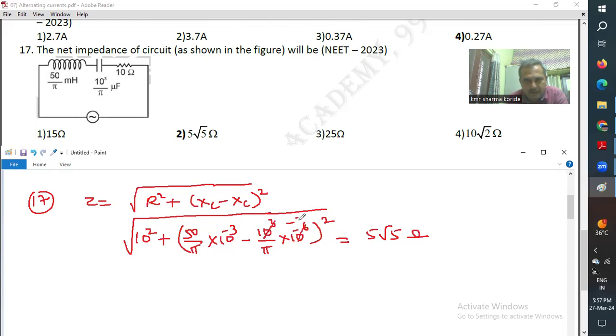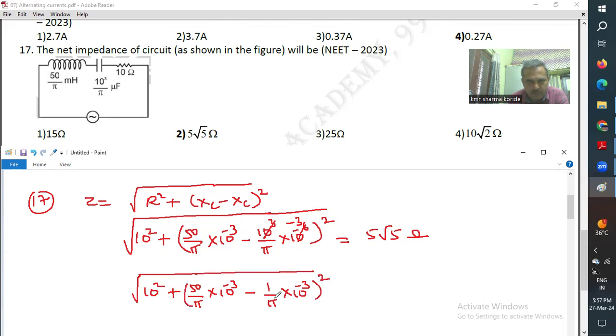So this will be minus 3. Then look at this. So it is going to be 10 square plus 50 by pi with minus 3. This is going to be 10 to the power of minus 1 by pi, 10 to the power of minus 3 whole square. So after you take pi common, 10 to the power of minus 3 common within the root, it is going to be 10 square plus 50 by pi common into 10 to the power of minus 3.